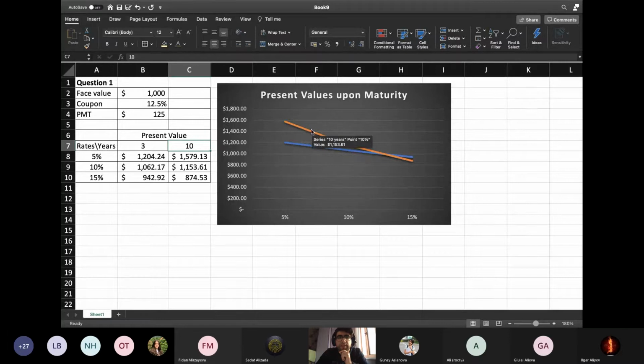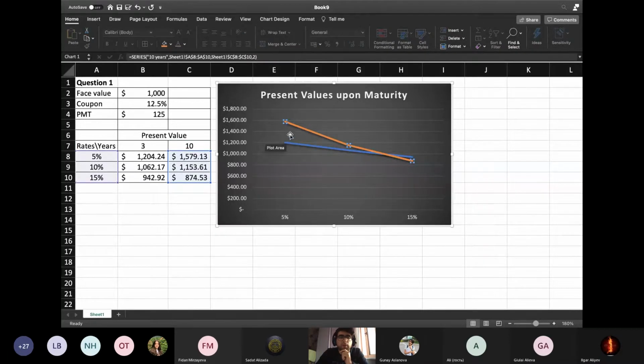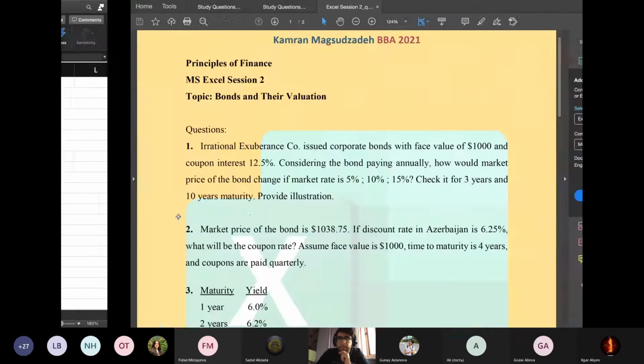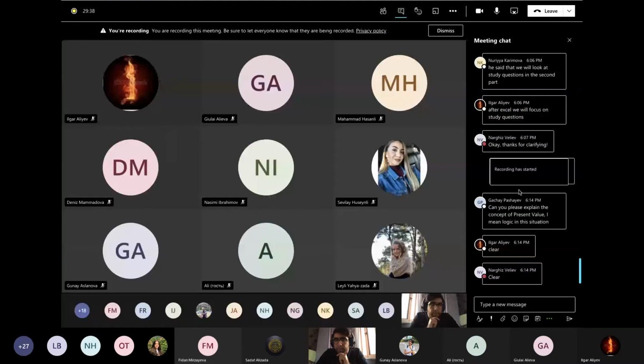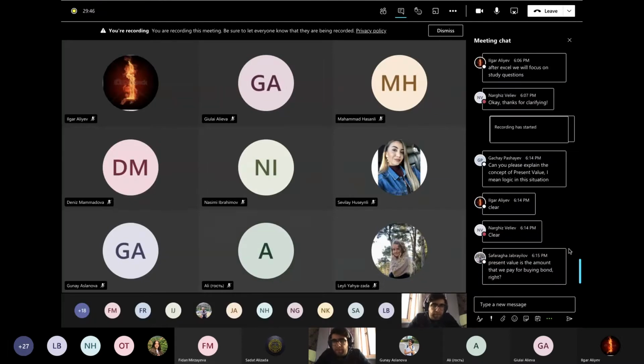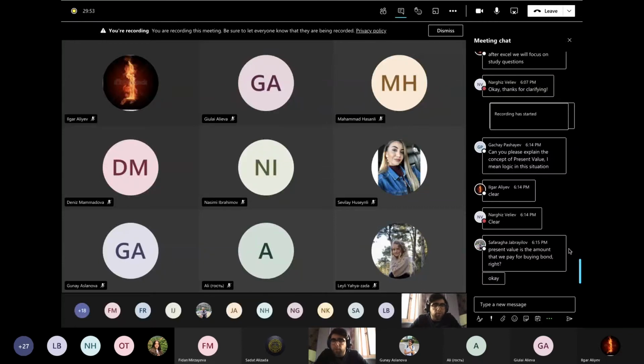For example, you see the orange line, the present value of the 10 years bond started with a very sharp increase, higher than 3 years, but ended lower than 3 years. That's what I'm explaining here. Present value is the price you are paying for purchasing a bond. Is it clear, Gachai? Yes, Safar Agha. Present value is the amount that you are paying for a bond.